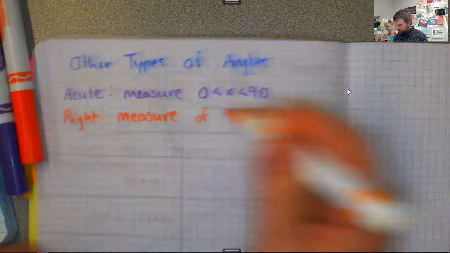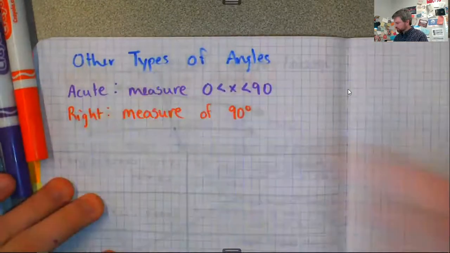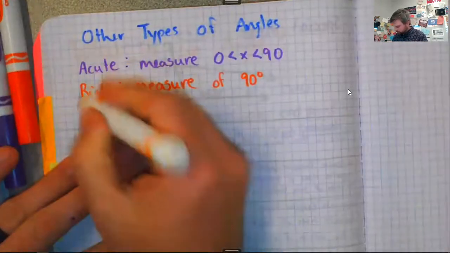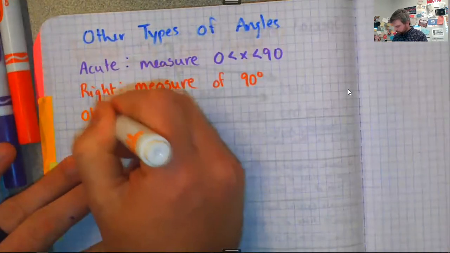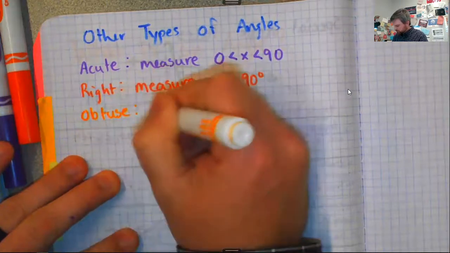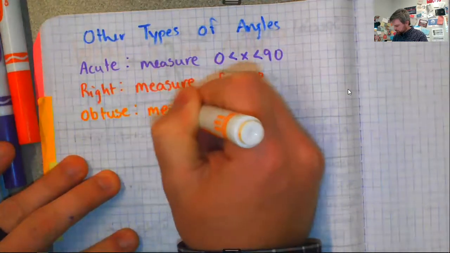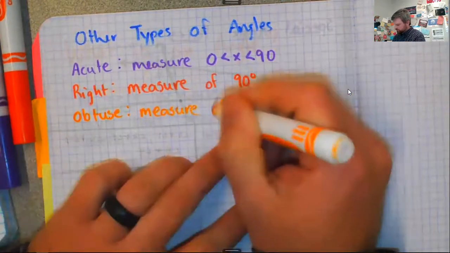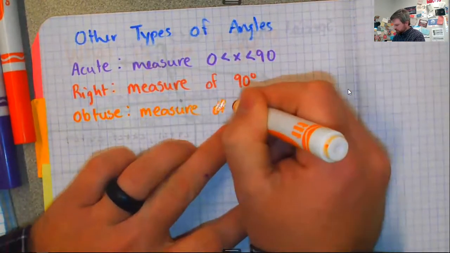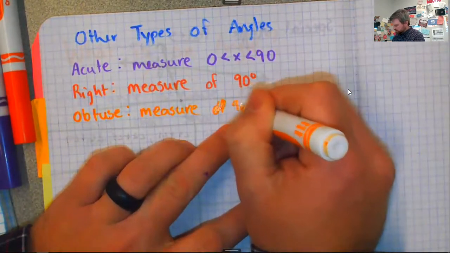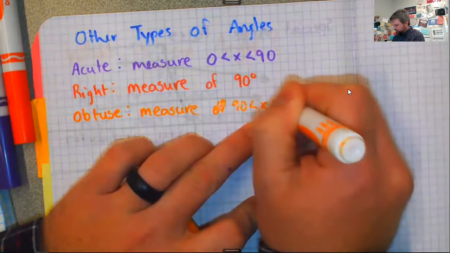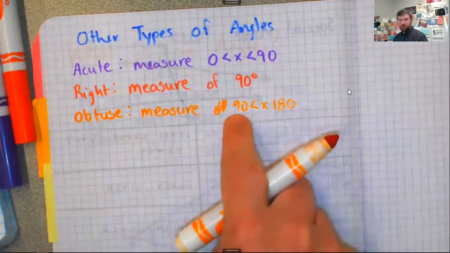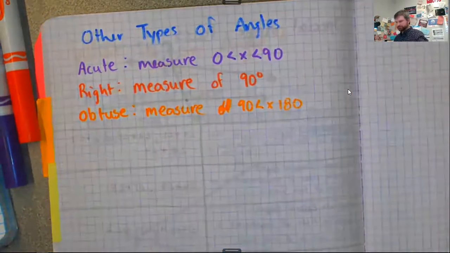We have an obtuse angle. An obtuse angle has a measure between 90 and 180. It cannot be 90 and it cannot be 180.